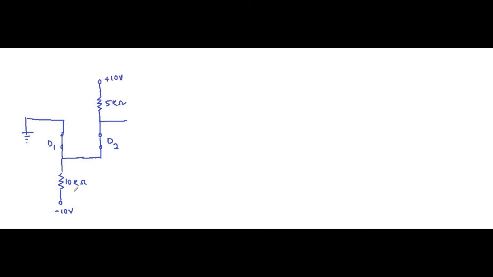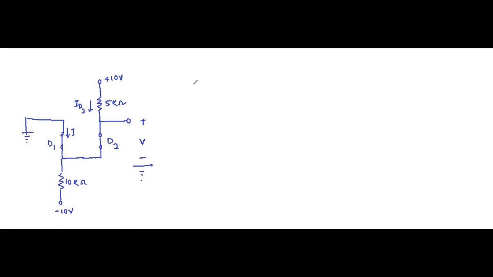Okay, we have redrawn the circuit. This current here is I and this current here is ID2, and this here is V that we have to find out. So this is the case here.